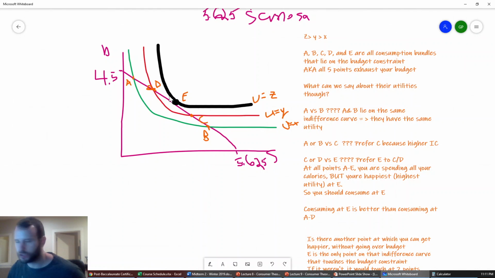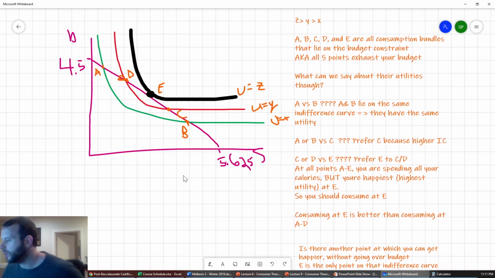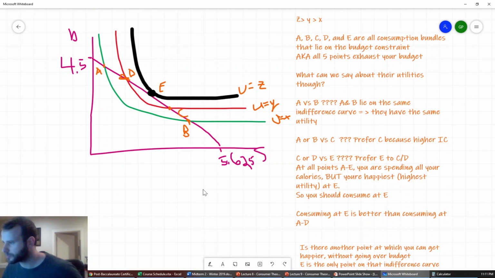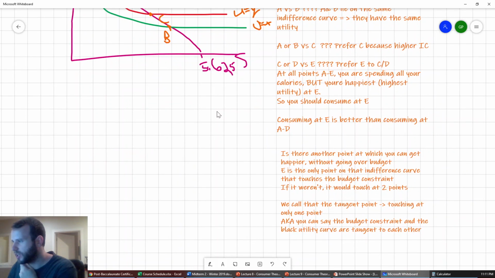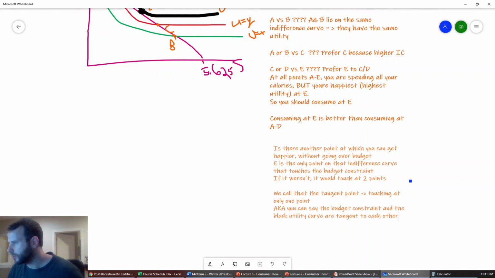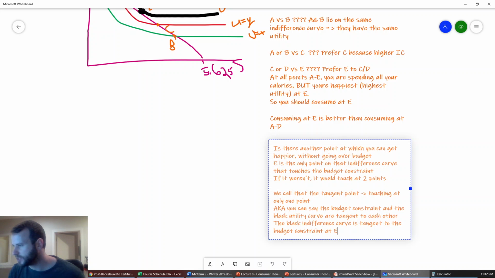Otherwise it would touch at 2 points like C and D. The black indifference curve is tangent to the budget constraint at E.